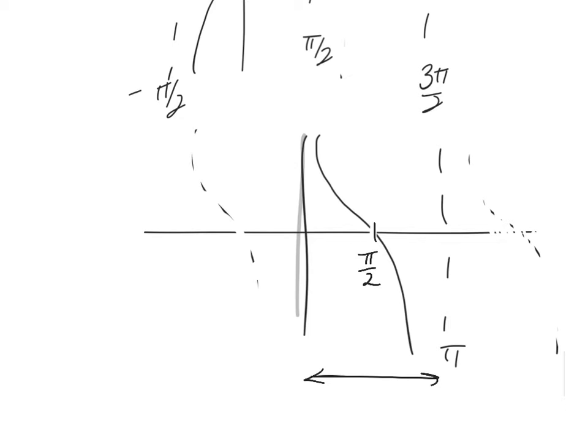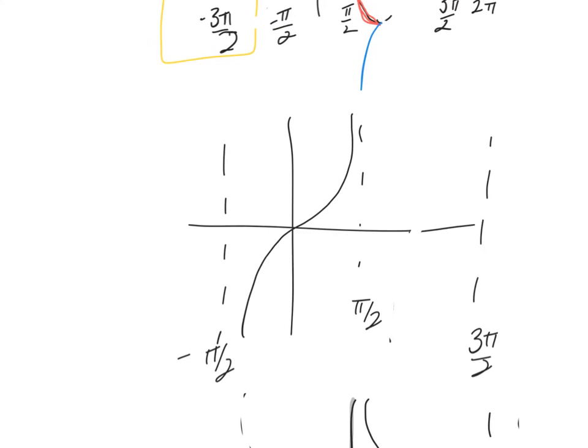Which quadrants are those? 1 and 2. So quadrant 1 and quadrant 2. My tangent, my sine and cosecant get restricted between negative pi over 2 and pi over 2. Which quadrants are those? 1 and 4. So I'm in quadrant 1 and I'm in quadrant 4, but remind yourself that you are going in reverse.